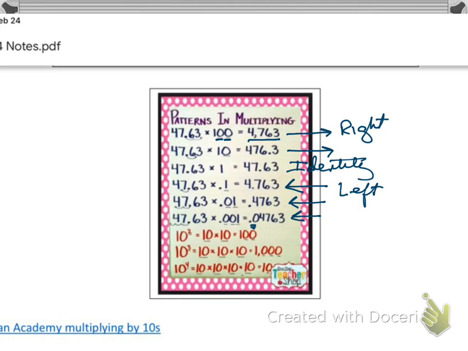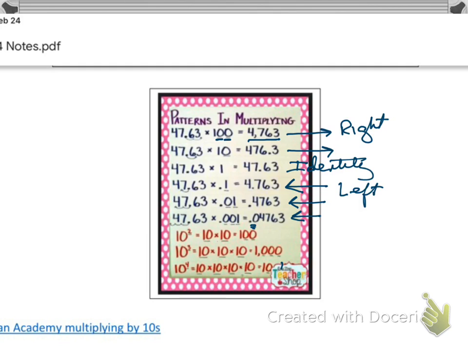Okay, here they're explaining what 10 squared is. So 10 to the power of 2 is 10 times 10, which will be 100. 10 to the power of 3 is 10 times 10 times 10, which is 1,000. And 10 to the power of 4 is 10,000.